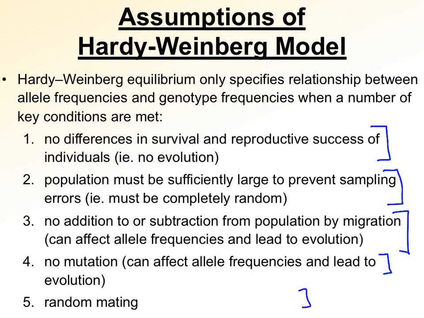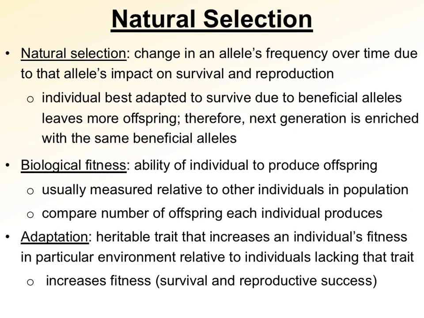So the Hardy-Weinberg principle holds true if all of these conditions are met. The minute that one of these doesn't work, that equation does not fit. And it's a way for scientists to determine if it is fitting or it isn't fitting. This helps us to determine if evolution is happening.